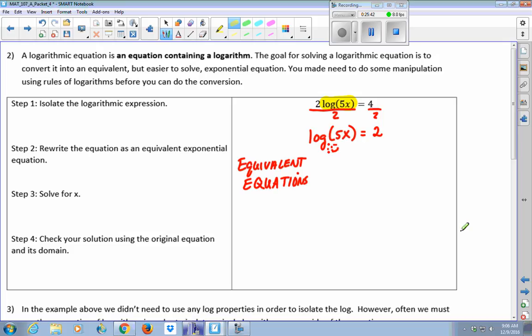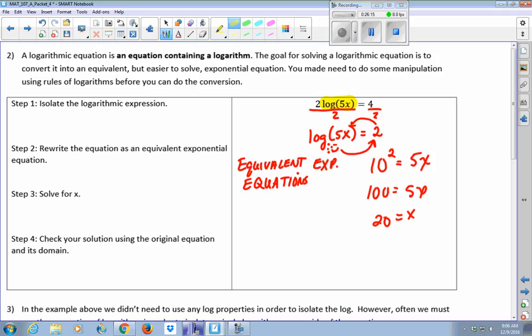So a log is an exponent. 2 is the exponent of 10 that gives me 5x. So you just write it as an equivalent exponential equation. So 10 raised to the second power gives me 5x. Holy schmoly, look how easy that is to solve. It's just a linear equation now. 100 equals 5x. X is 20.